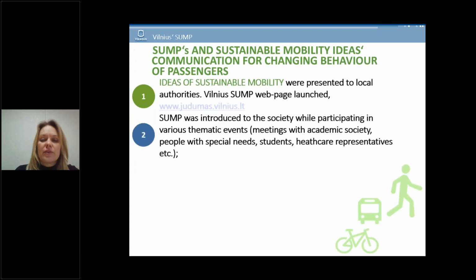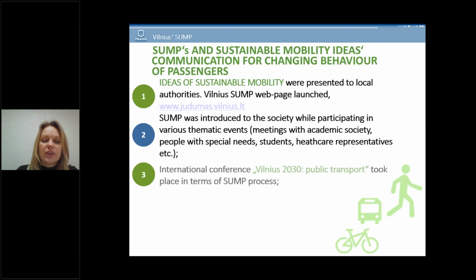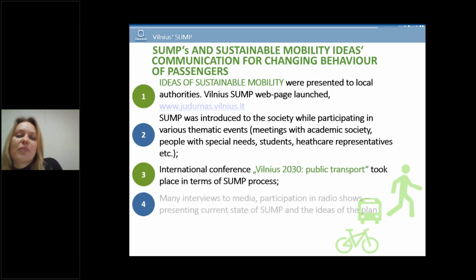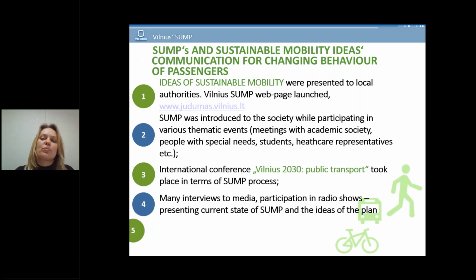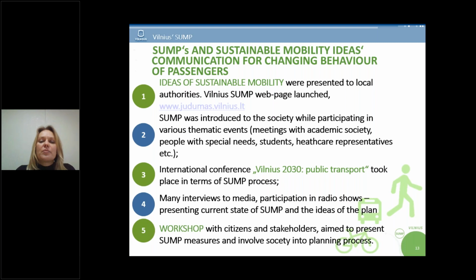Another very important thing to say, this slide is just to remind me not to forget to say how important communication is with, first of all, the project owner. In the Vilnius case, it was the vice mayor of Vilnius. He was kind of owner of this project, and he was leading a working group for it.